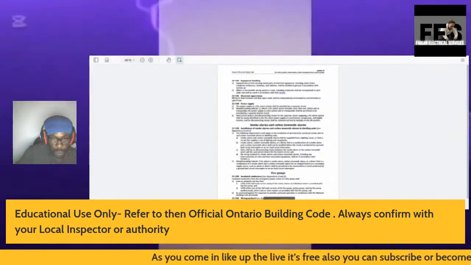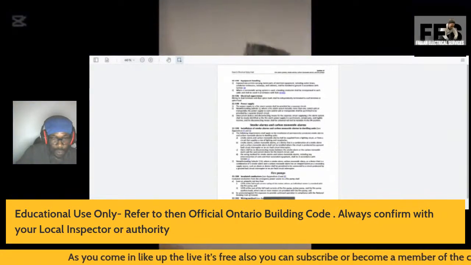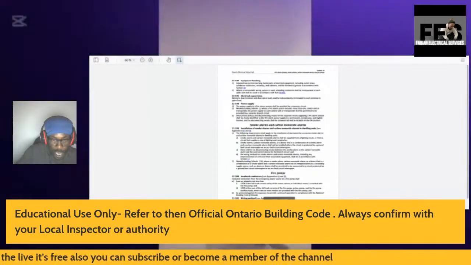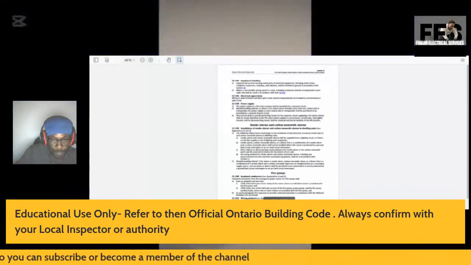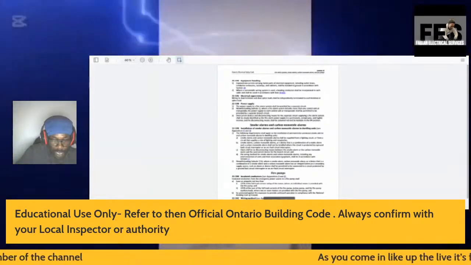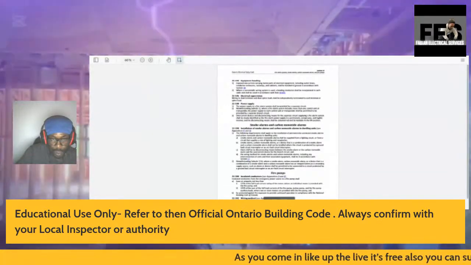So it's sending us back to Subrule 1B, and that's where I went back to refer.